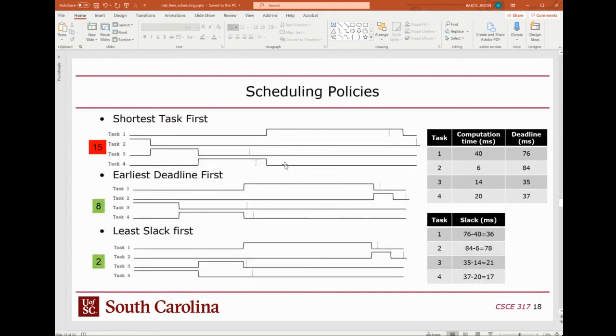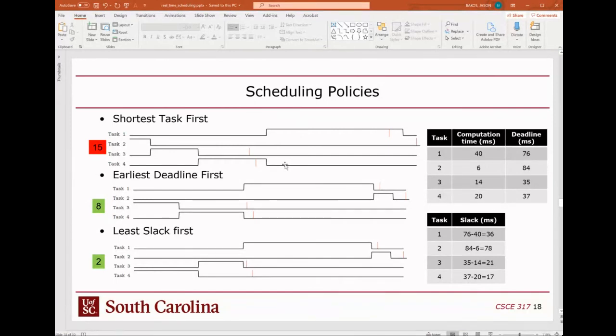So there are different strategies for doing the scheduling, as opposed to fully enumerating them, which obviously is not a good solution, especially if you have a lot of tasks. So there are these scheduling policies. For example, you might hear shortest task first, earliest deadline first, or least slack first. One way to do it is to schedule the shortest task first.